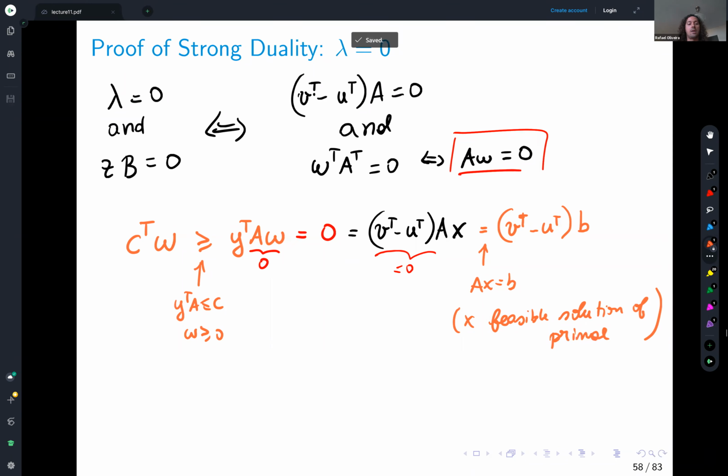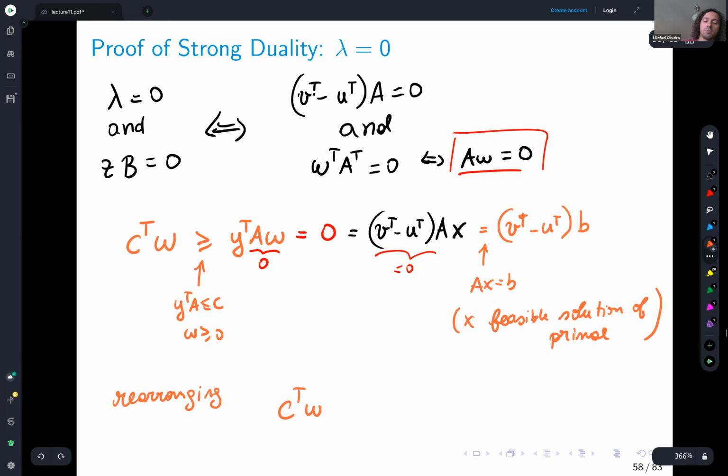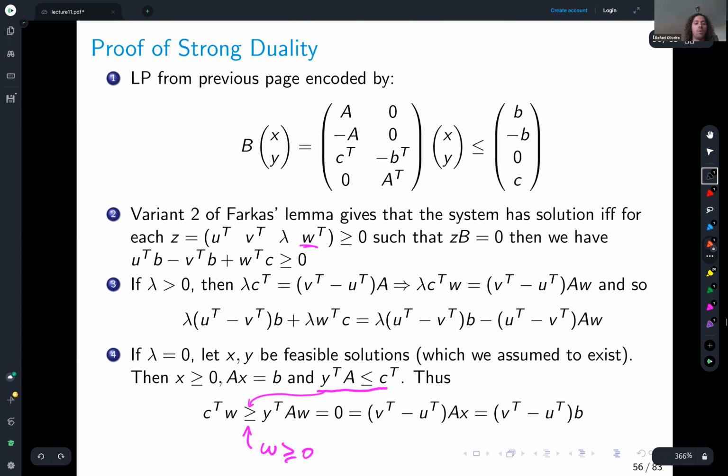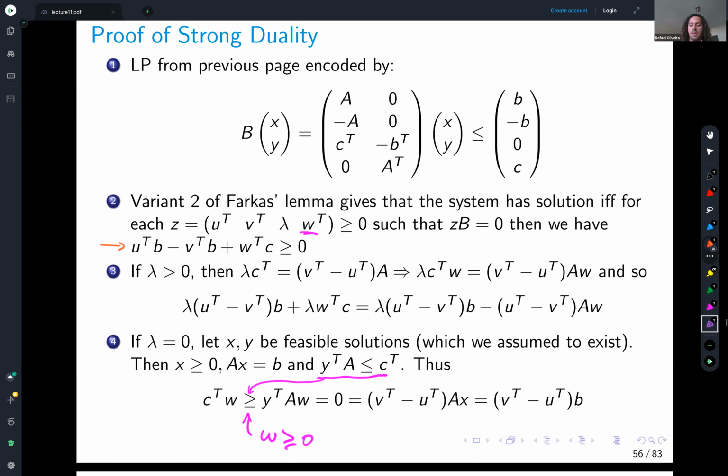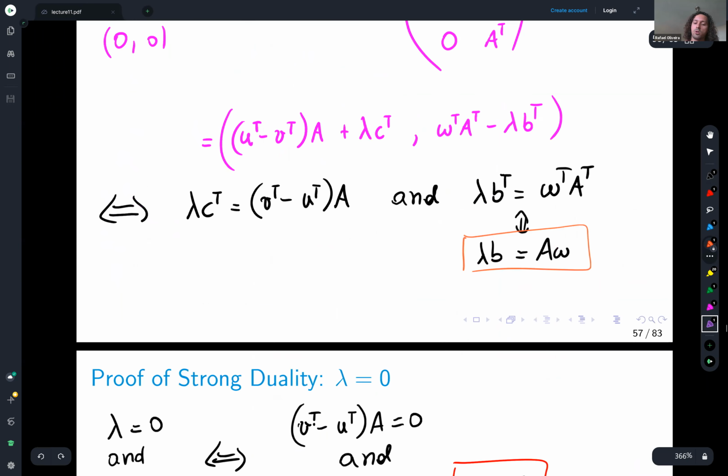So now we have all these inequalities, and rearranging, what do we get? We get that C transpose W plus U transpose minus V transpose B is greater or equal to 0. But if you notice, this is exactly what we wanted to prove, which is this inequality here. Does that make sense? So this proves strong duality.